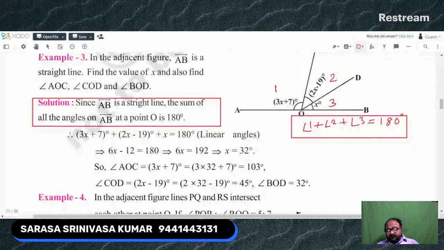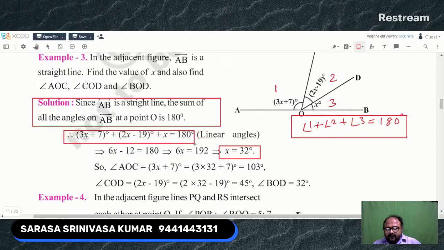From this, you can get that x equal to 32 degrees. So how can you simplify this? I am simply writing here angle 1 plus angle 2 plus angle 3 equal to 180 degrees. From this, you can get x equal to 32 degrees.